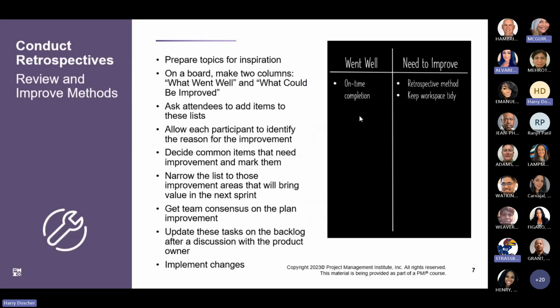Then you discuss each of the line items. So discuss where on-time completion was something that went well. How did we achieve that? Are there any ways that we could do better next time too? And then on the need to improve, go through each one of those also.